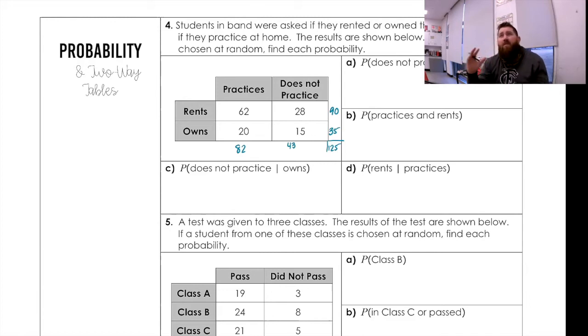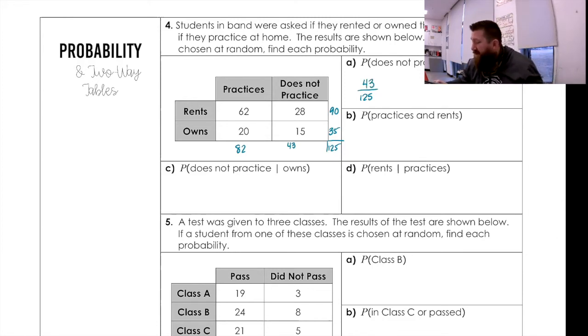Okay, what is the probability that somebody does not practice? There is no limit, so they're talking about the whole situation. Our whole population is 125, and of those 125, 43 students did not practice. And then we would, of course, math bracket.